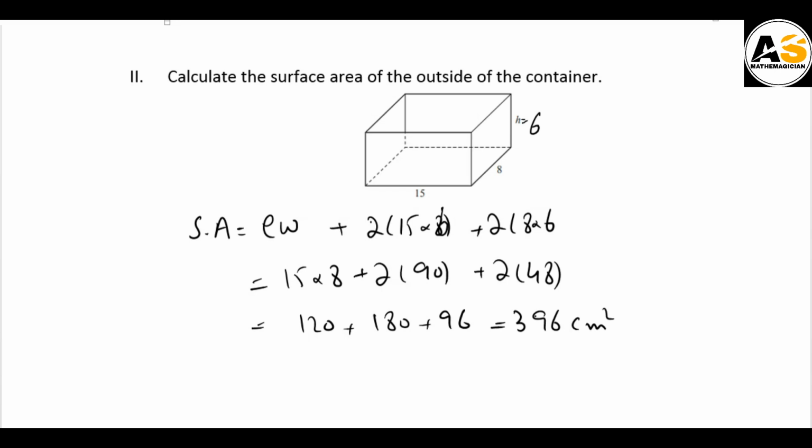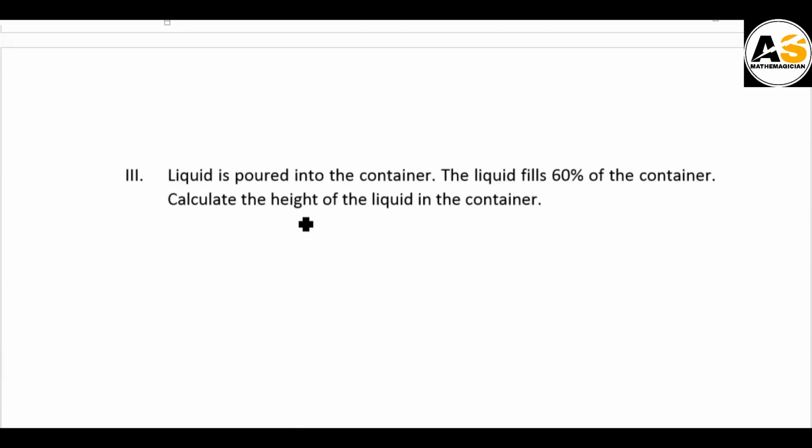In the third part, we are given that a liquid is poured into the container and it fills 60% of the container. This is the container. Liquid is poured into it and it fills 60% of the container.